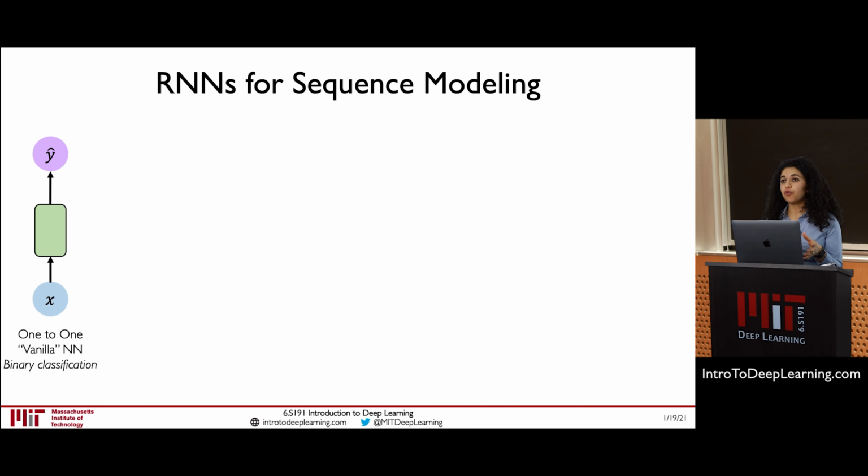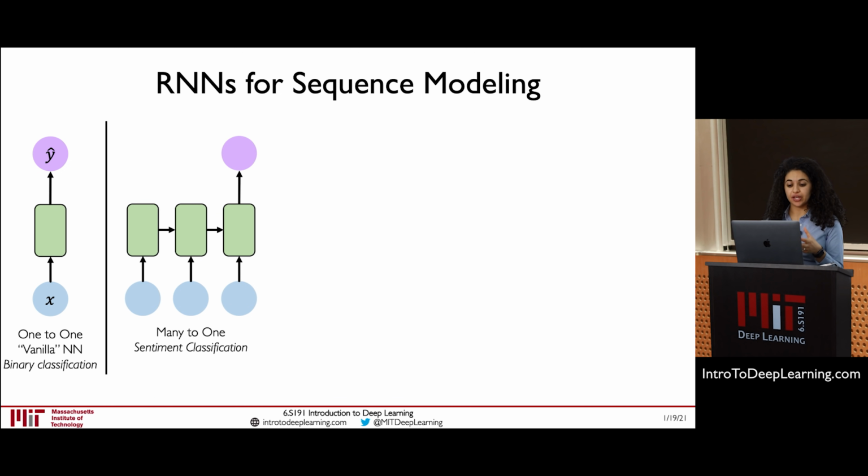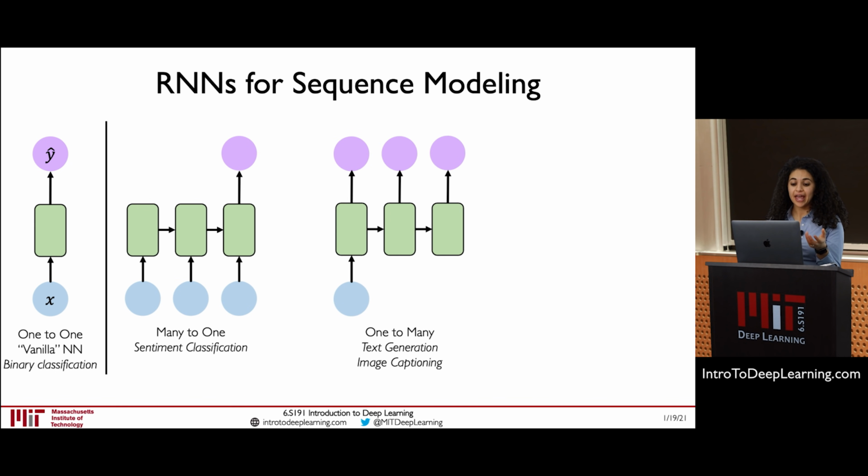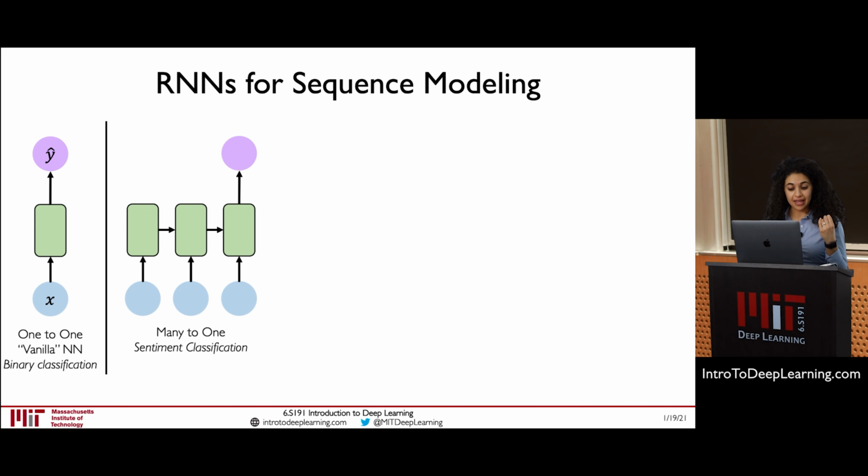Again, with feed-forward or traditional neural networks, we're operating in this one-to-one manner, going from a static input to a static output. In contrast, with sequences, we can go from a sequential input, where we have many time steps defined sequentially over time, feed them into a recurrent neural network, and generate a single output, like a classification of sentiment or emotion associated with a sentence.